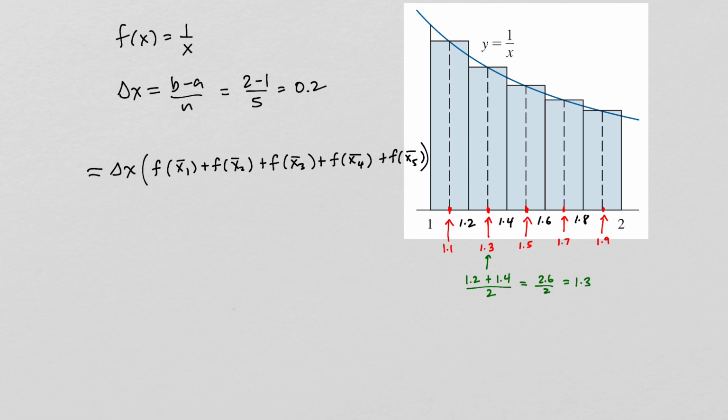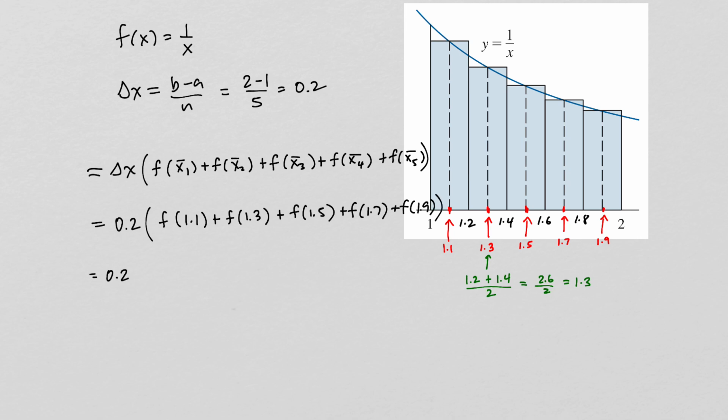And that is because n is equal to 5. So now delta x is 0.2. We're going to have f of 1.1 plus f of 1.3 plus f of 1.5 plus f of 1.7, and finally plus f of 1.9.